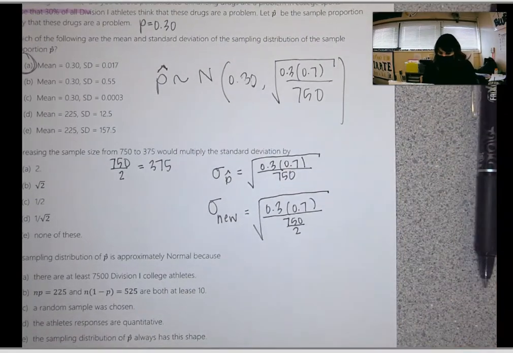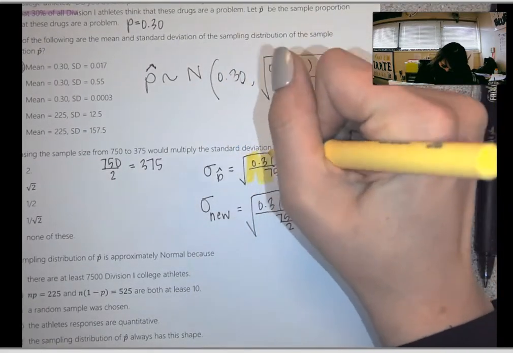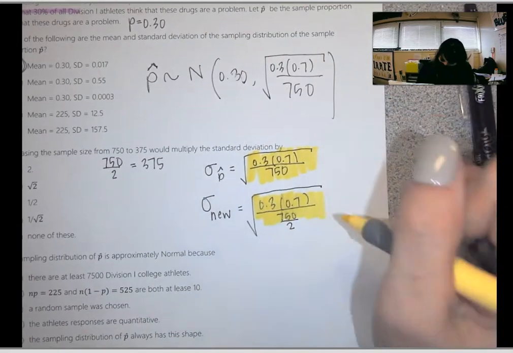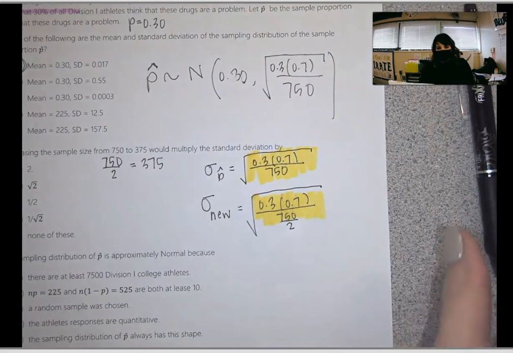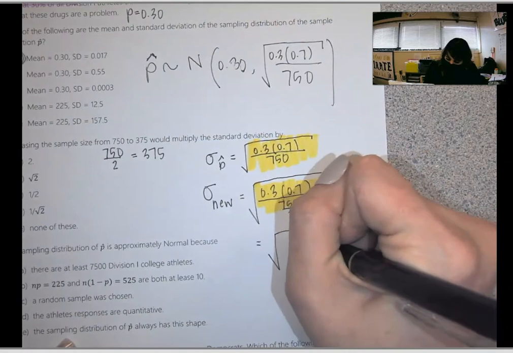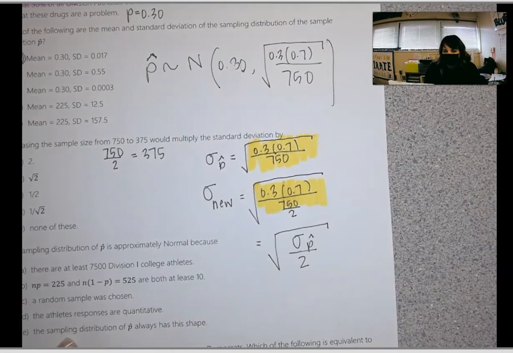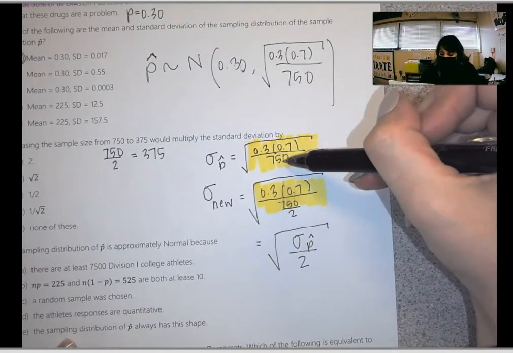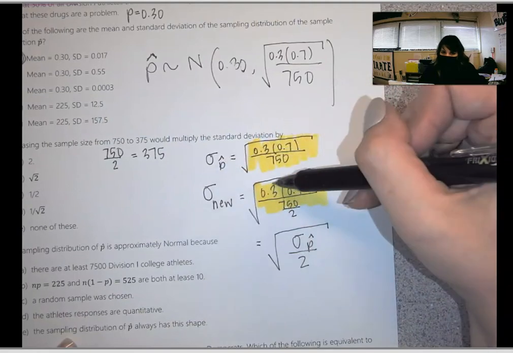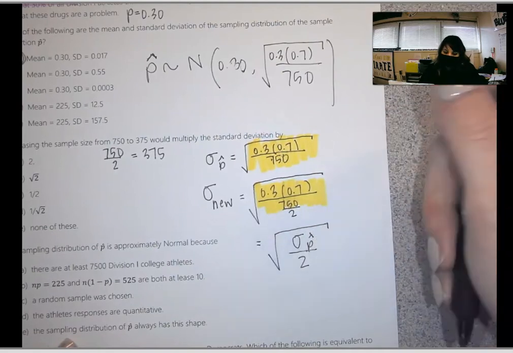Here's what I'd like you to notice. This and this are the same. So I can rewrite this as sigma sub p-hat over 2, because I know that 0.3 times 0.7 divided by 750 is sigma sub p-hat. So I'm replacing all that with sigma sub p-hat and then keeping the divide by 2.